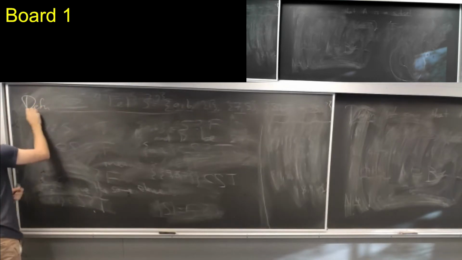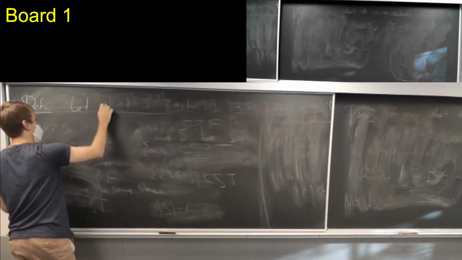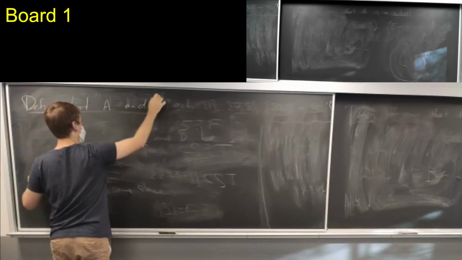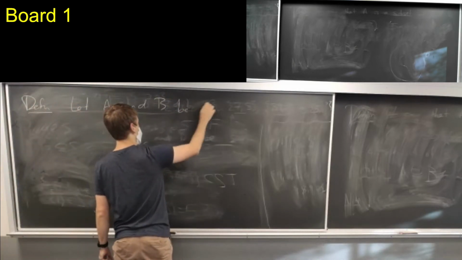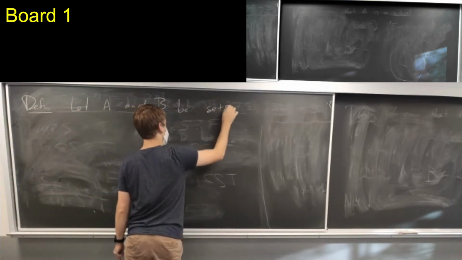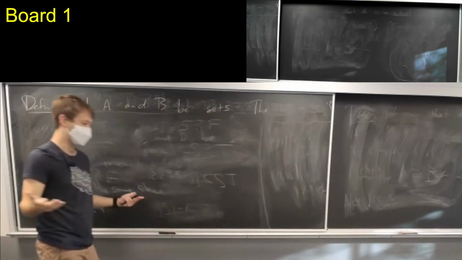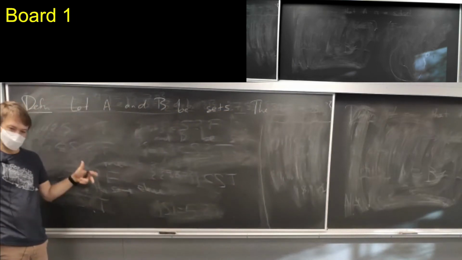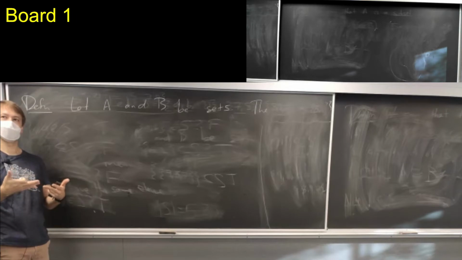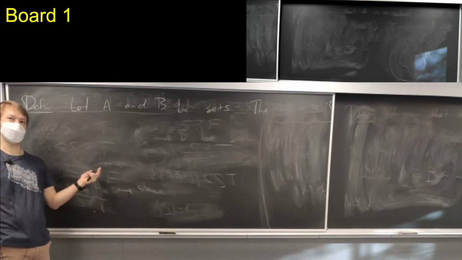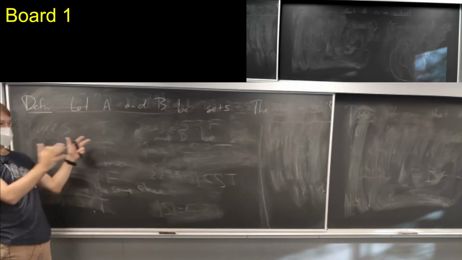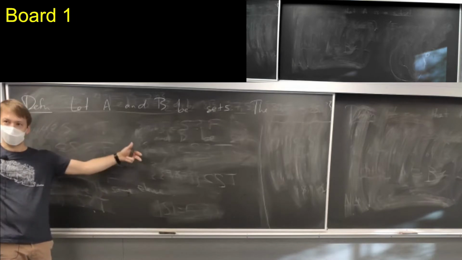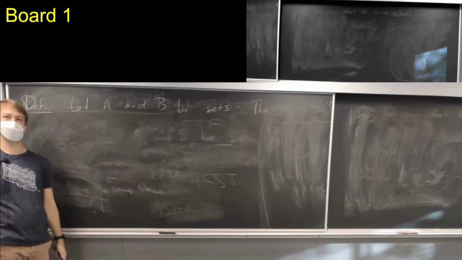So let A and B be sets. One thing you can do with two sets is merge them together into a bigger set. You can take all the things that are in the first set and the second set and put them all together in one big set.